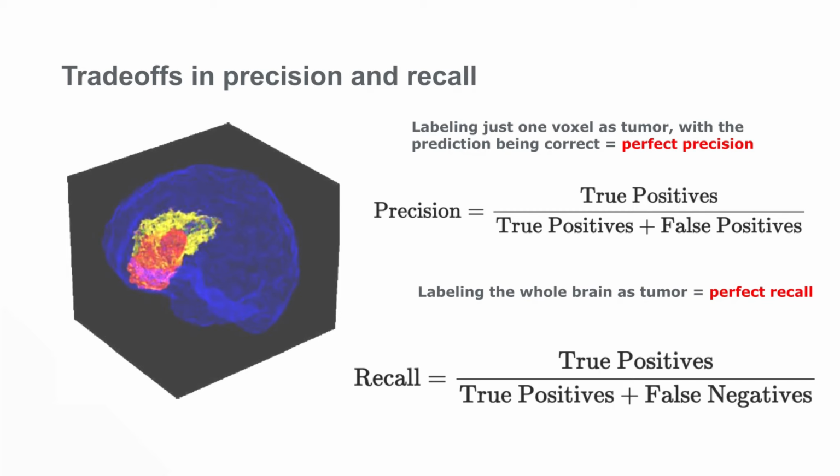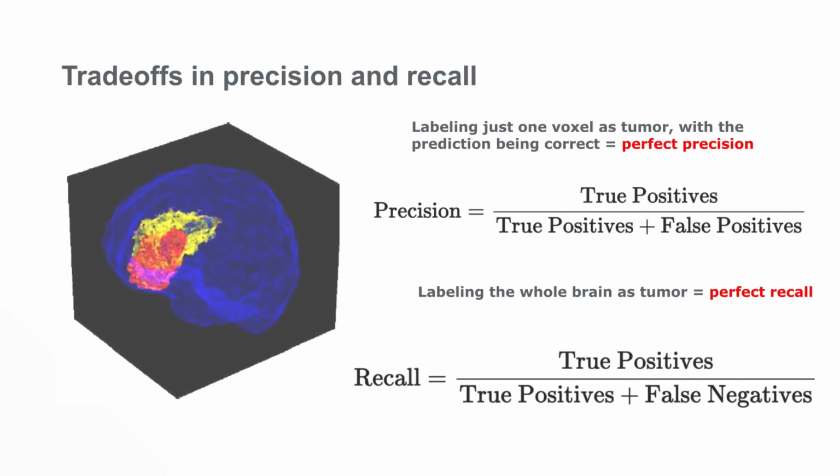And recall is the number of true positives divided over true positives plus false negatives. So in order for us to get an image that is labeled correctly and in which we're getting all of the tumor, we're going to have to label the pixels that correspond to class tumor in the image.